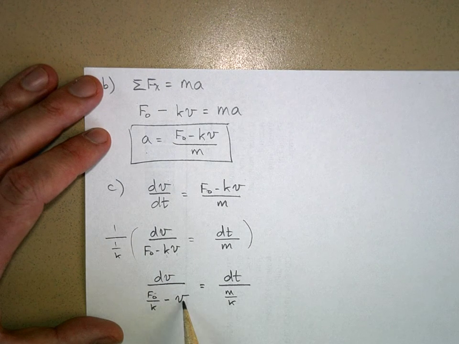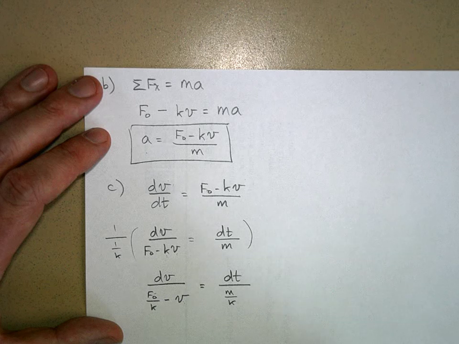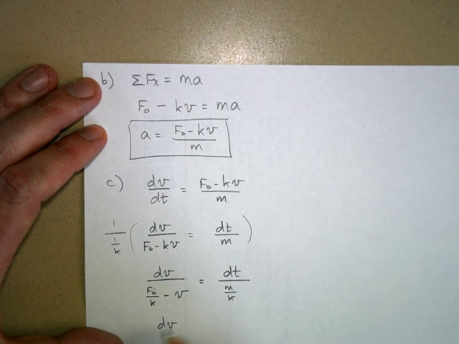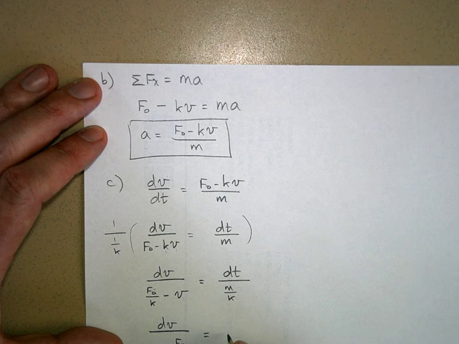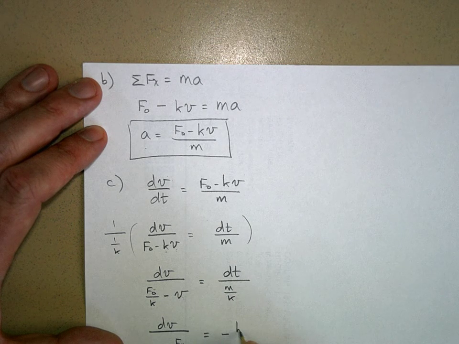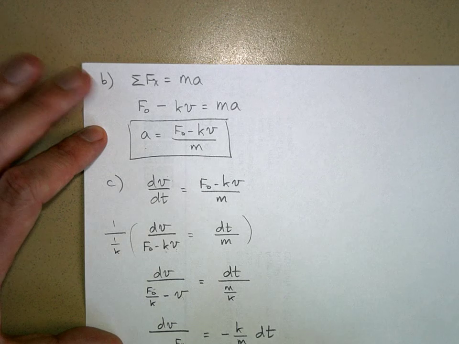Now, I want the v over here. So I'm going to multiply both sides by -1. So this gives me dv over (v minus F naught over k) equals negative, let's just reciprocate and multiply here, k over m times dt.